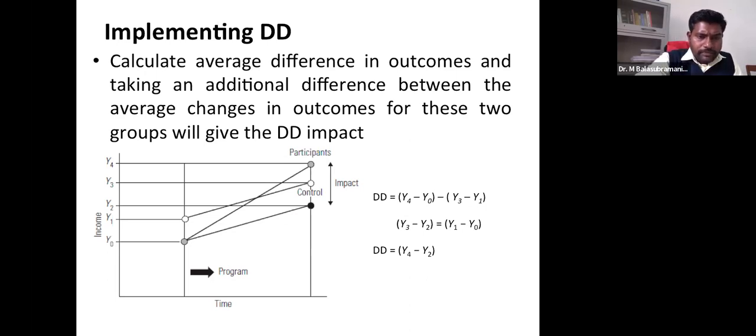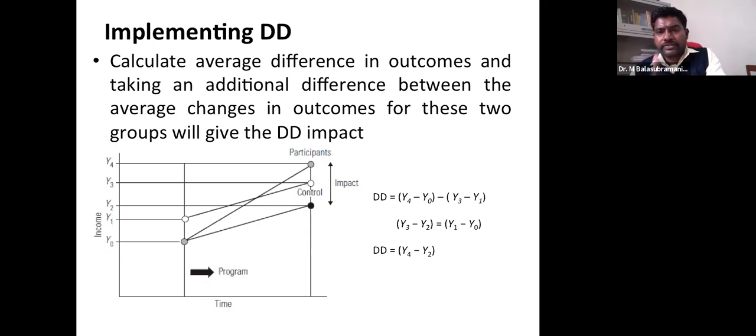their earlier income before the program was implemented, then after the program was implemented, that can be given as another line. And here you can have the difference. So the double difference, as I said already, is the average difference in outcomes, separately for the control group and the treated group. That is the first point we have to do.